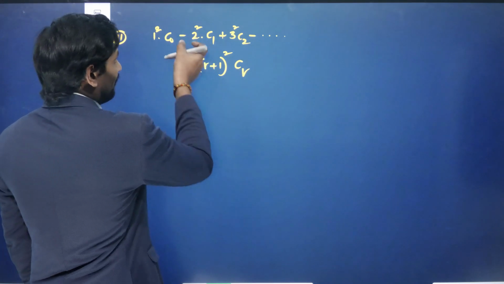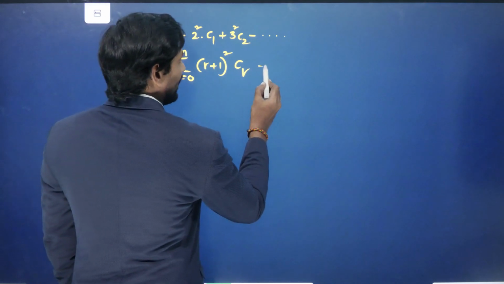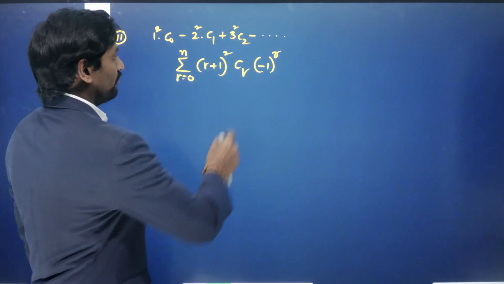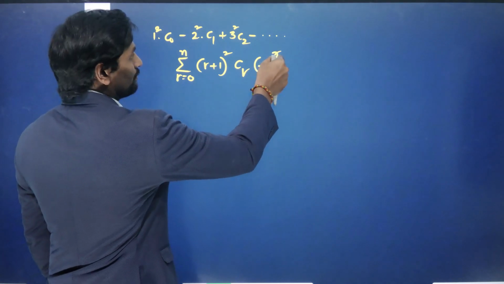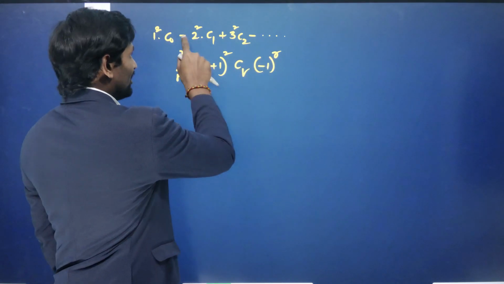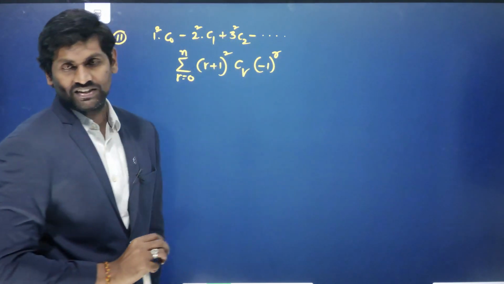And for getting the negative value, we should take minus 1 whole to the power of r. That means if you take r power 0, anything power 0 will be 1. Minus 1 power 1 will be minus 1, power 2 again plus 1, like this will come.